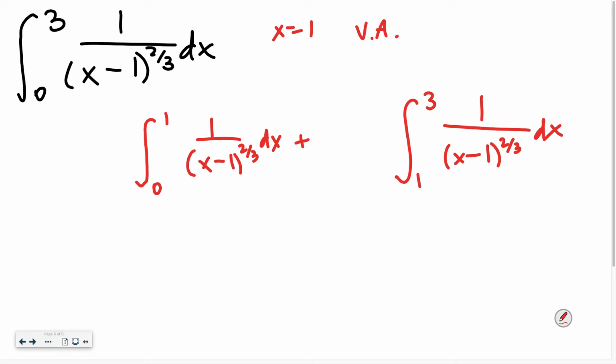Since 1 is our point of discontinuity, I am going to replace 1 with b and create the limit as b approaches 1 from the left. And then over here, I'm going to replace 1 with a and write the limit as a approaches 1 from the right.